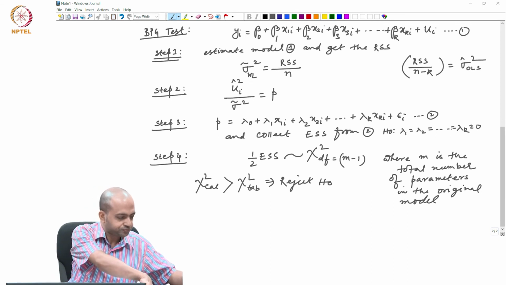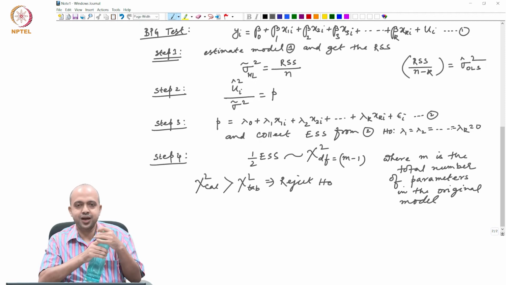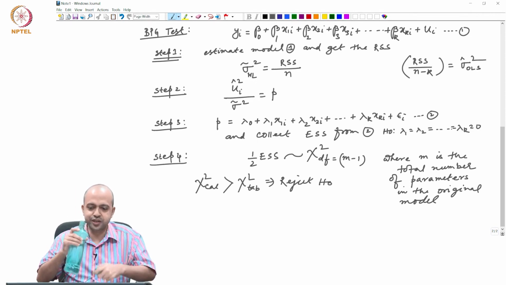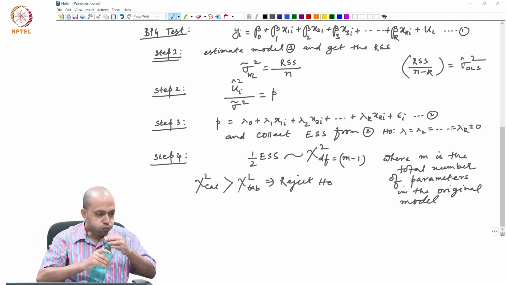Now, what we will do? We will take the same data set that we used yesterday, and we will see how to demonstrate this particular test in Stata.